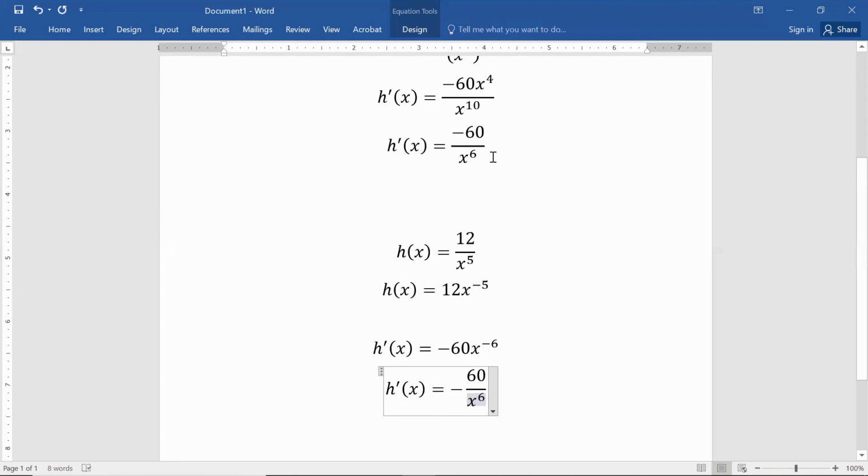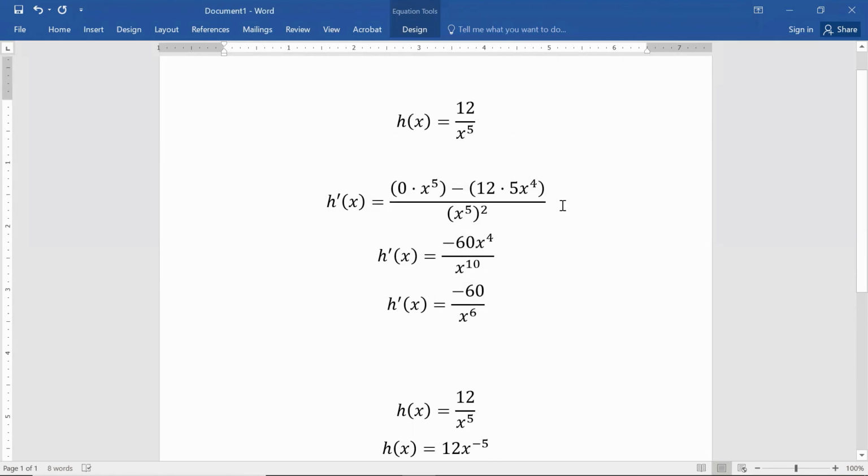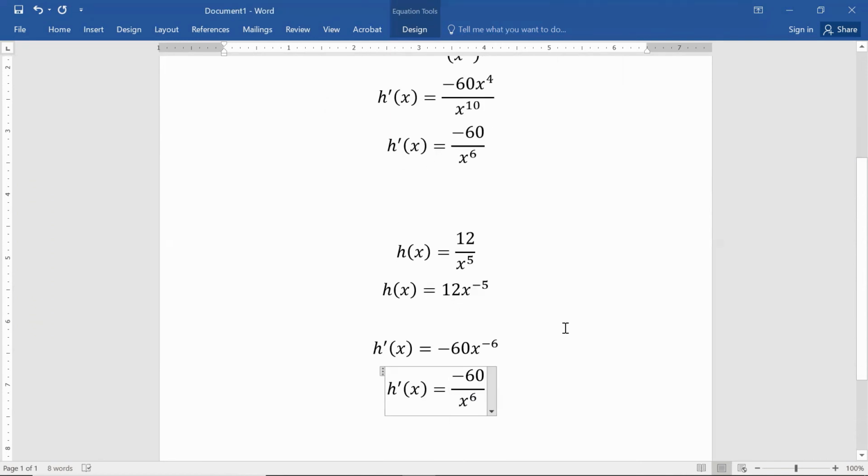So notice that in each case, I ended up with negative 60 over x to the 6th, regardless of whether I used my basic differentiation rule or the quotient rule. Once again, this does not prove that the quotient rule always works, but it shows you that at least in this case, the quotient rule works the way we know it should.